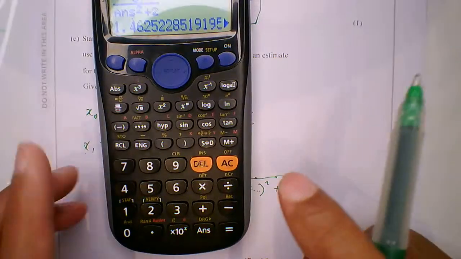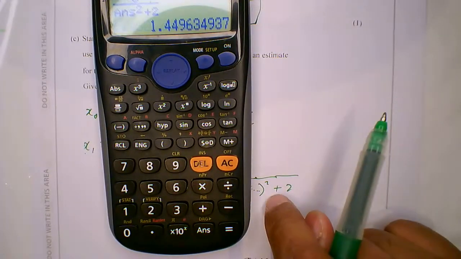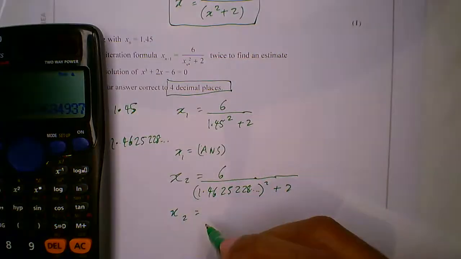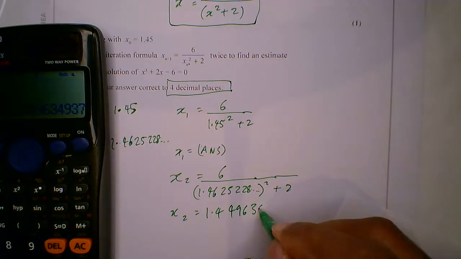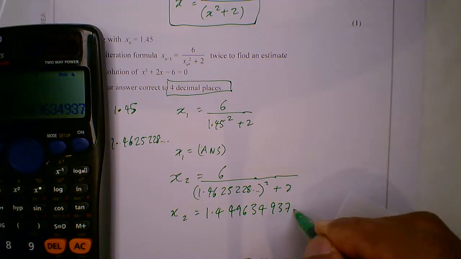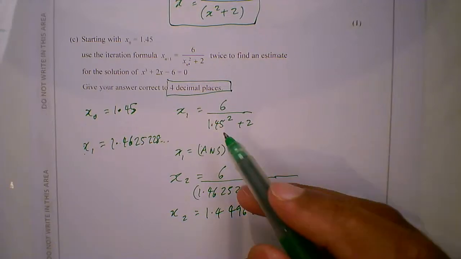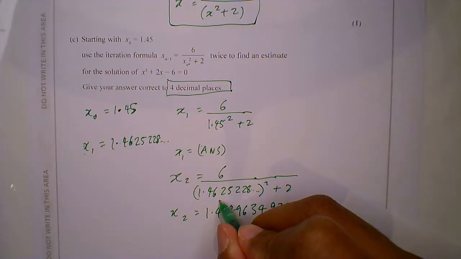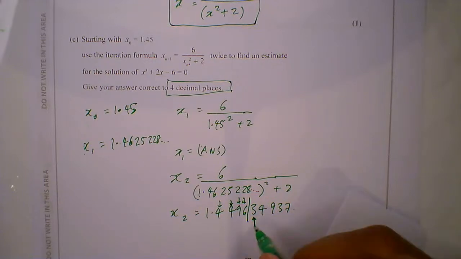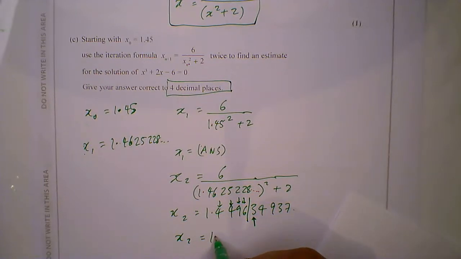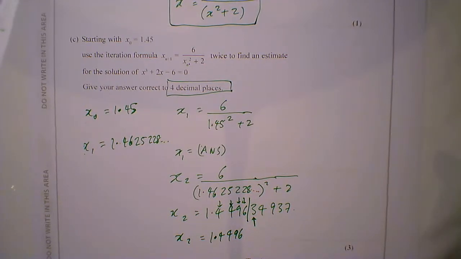All I have to do is press the answer button again to give me the next one, which is 1.449634937. Now the question says give your answer to 4 decimal places, so 1, 2, 3, 4. This is my decider. x2 equals 1.4496 to 4 decimal places. So that's how I do this one.